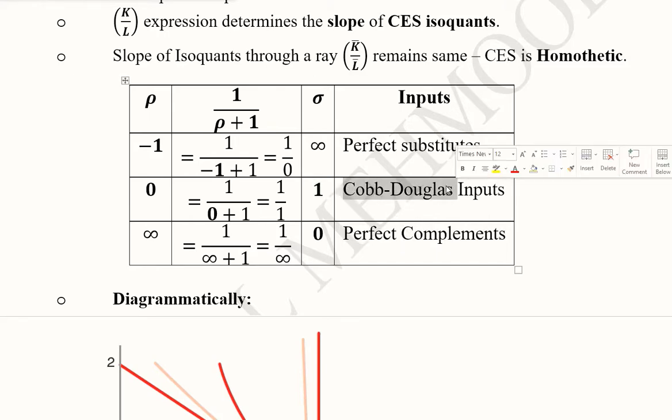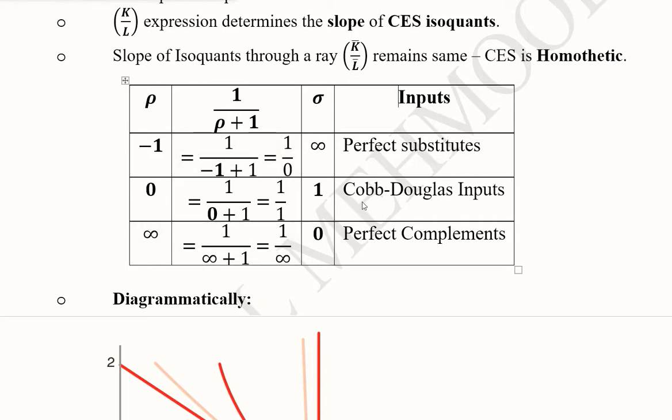And this is the case that we usually study, because the elasticity of substitution of the Cobb-Douglas production function is equal to 1. We have studied this before, developed it, and here this thing is getting verified. Now this is the set of possibilities that lie under the shadow or umbrella of the CES production function.